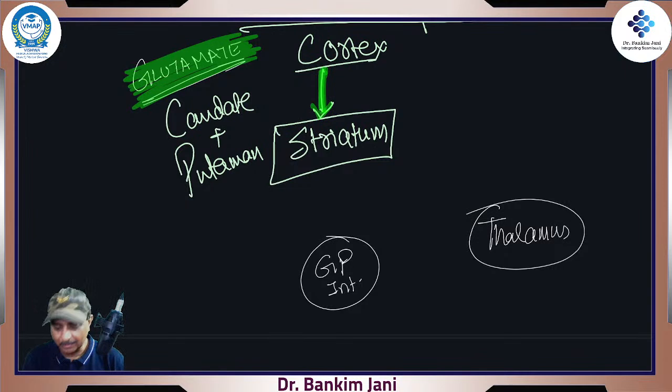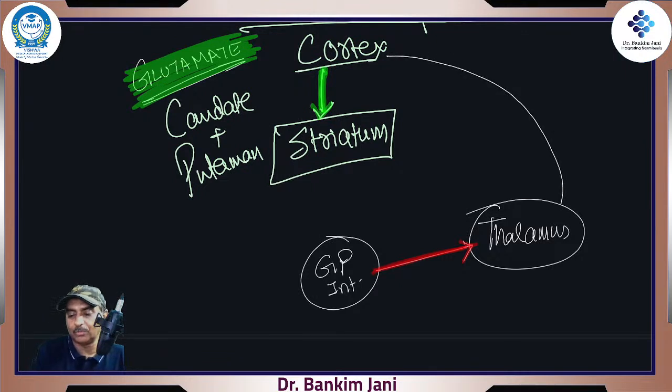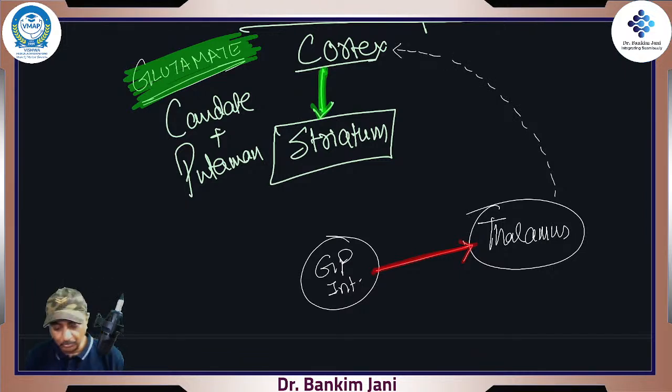The thalamus says, fine, I won't work. But the thalamus will say, yes, sir, I want to work. I want to go. I want to tell this cortex, chalo yaar, start contraction. But globus pallidus will say, chup, no. So this is inhibitory. That means it will use GABA, right? So it is preventing any movement.